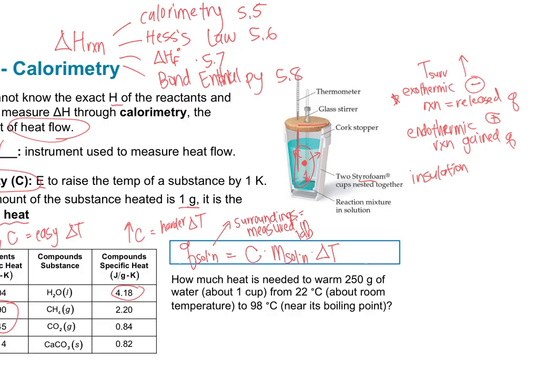But what we're measuring as the surroundings, if I want to find the enthalpy of, or the heat of my reaction, I'm going to need to change the sign, because the heat that my reaction lost is going to be equal to the heat that my solution gained. So they're the same value, but a different sign.